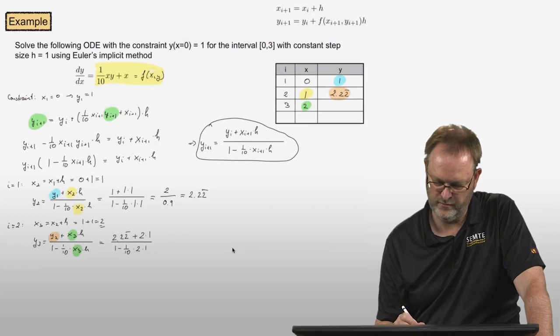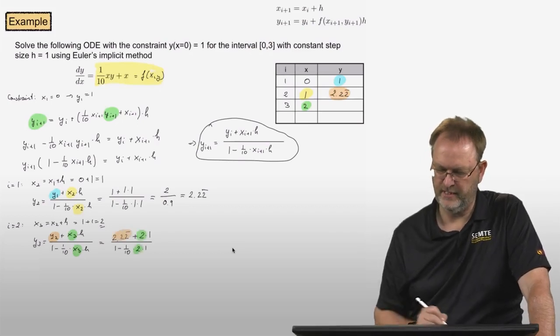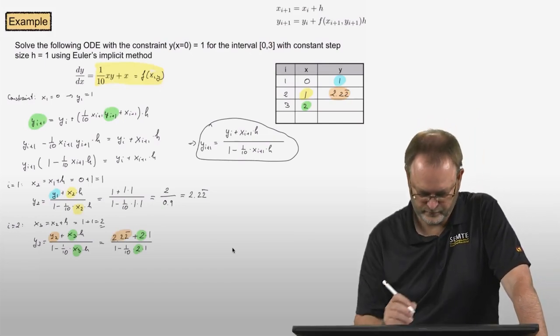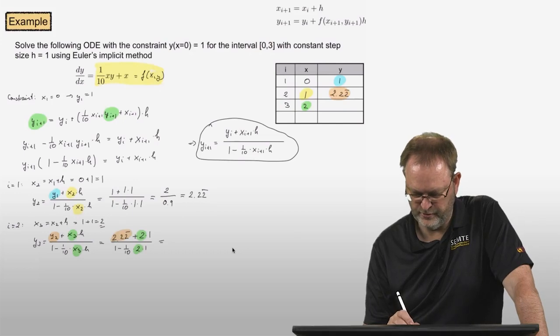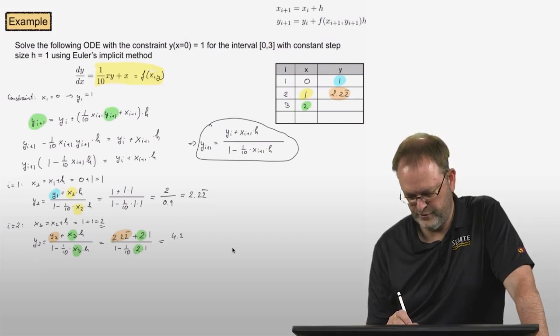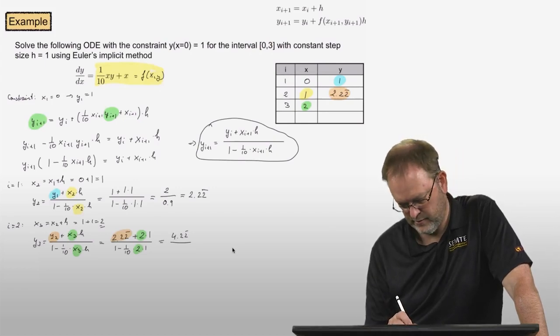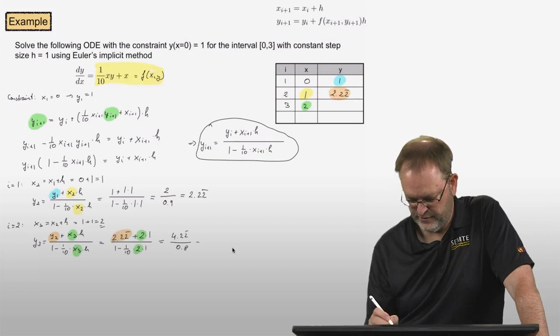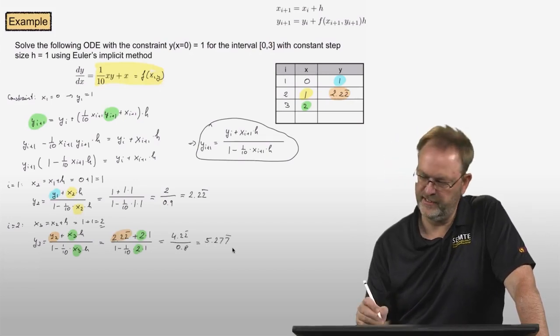So let me just mark where I got these values from. Those are the x values, that's the y value. And that would be 2 plus 2.22, so that's 4.22, divided by 1 minus 0.2, so 0.8. And that's equal to 5.277.